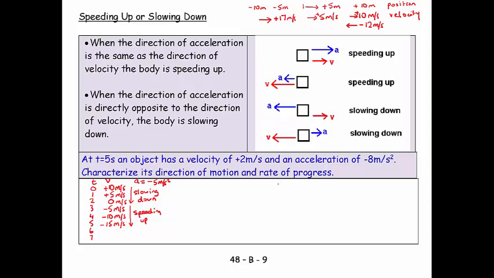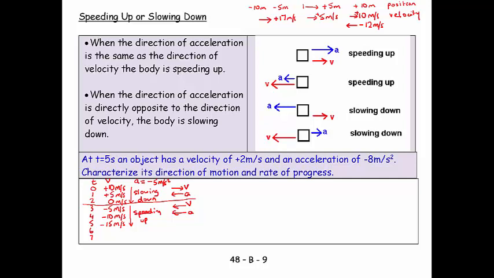And the pattern is this. What we see here, if you think about it, this is a positive velocity, and that is a negative acceleration. And then round about here, we have a negative velocity and a negative acceleration.